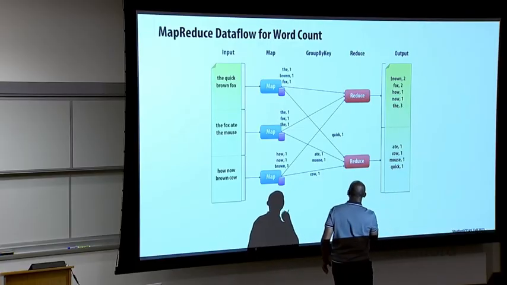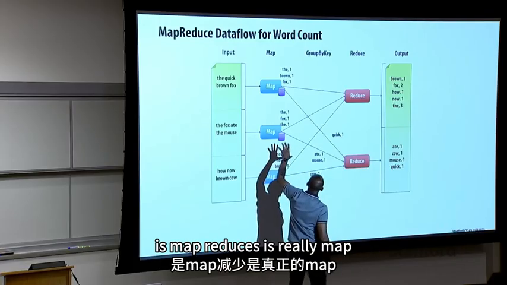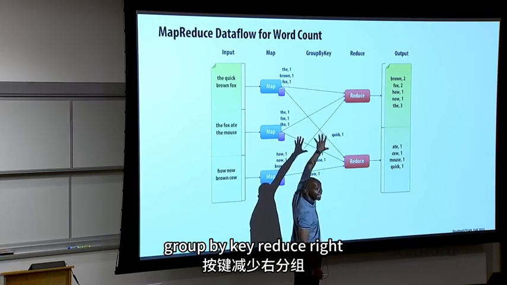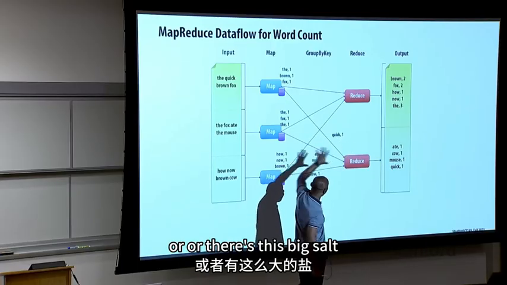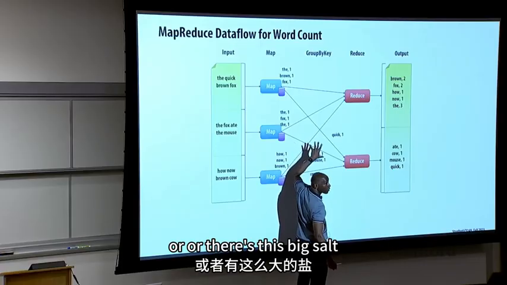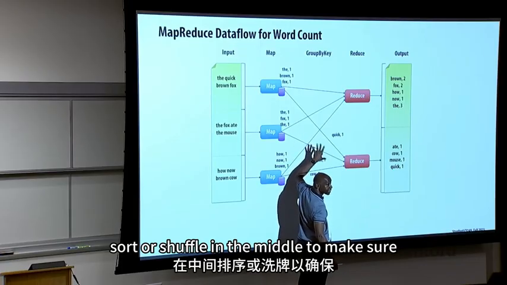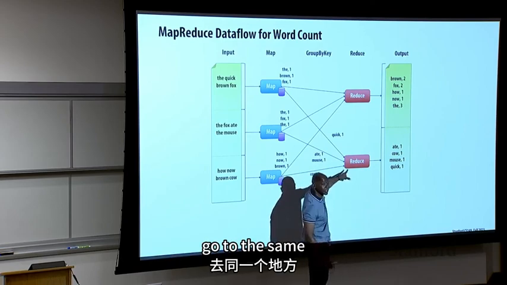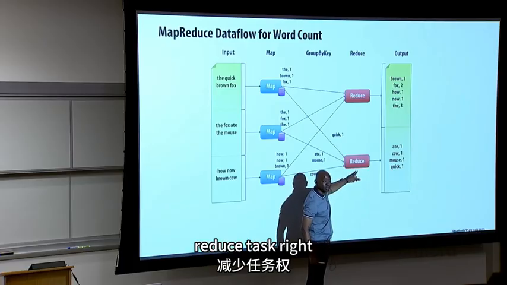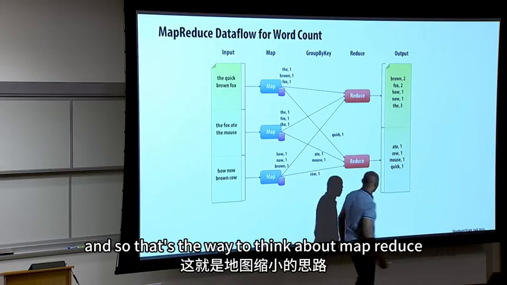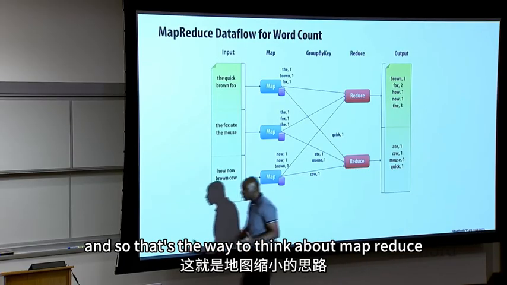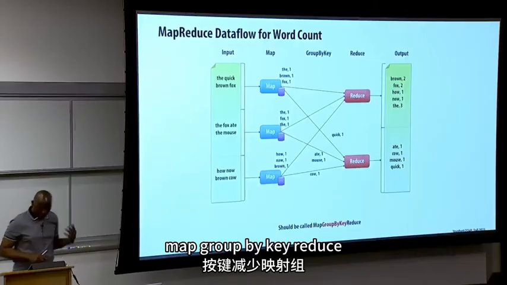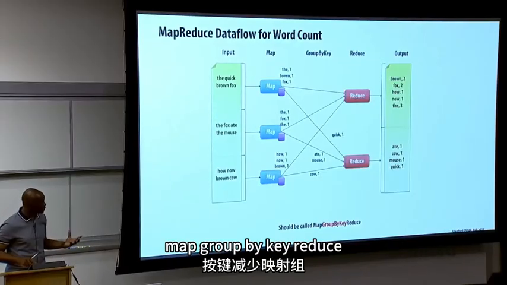The way to think about this is that MapReduce is really map, group by key, reduce. There's a big sort or shuffle in the middle to make sure all the keys with the same value go to the same reduce task.